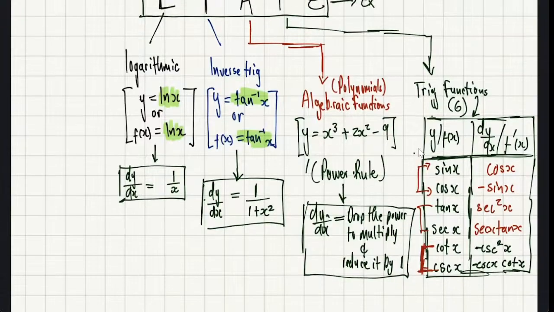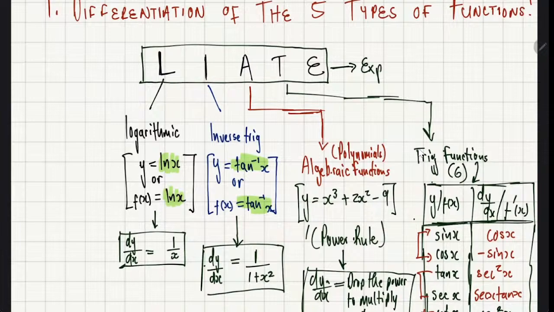We are left with 1, which is the exponential. So the exponential function, which one is it, sir? y is equal to e to the x, when x is a power like this. dy dx, the derivative, will be e to the x. It doesn't even change.